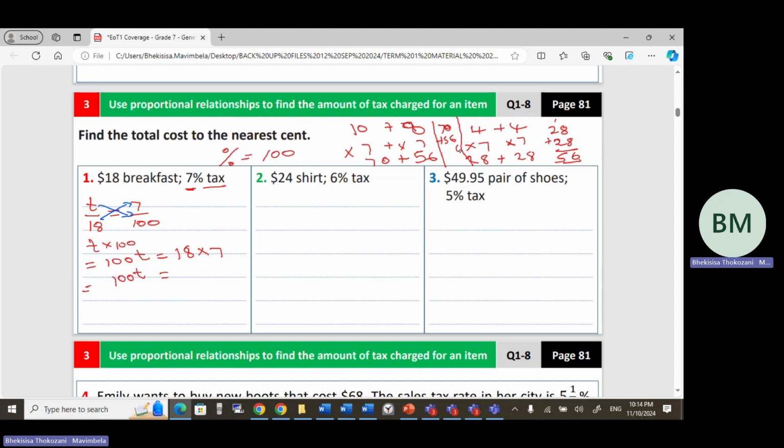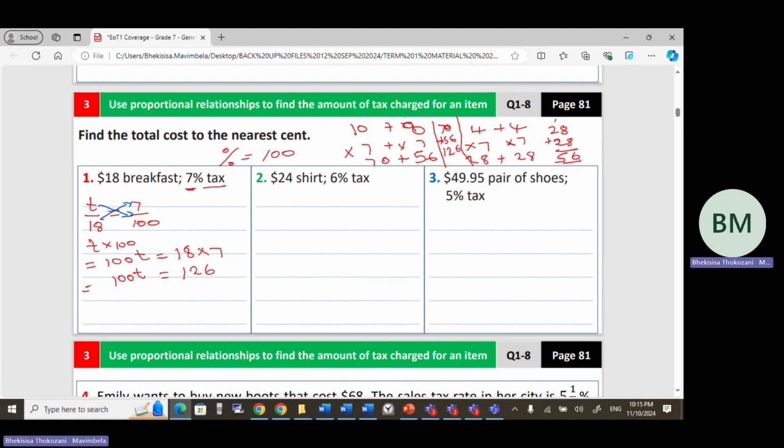So 0 plus 6 is 6, and 7 plus 5 will be 12, right? So now we have 126. So we know that we just added 70 plus 56, and it gave us 126. So now we know that 18 times 7 is equal to 126.